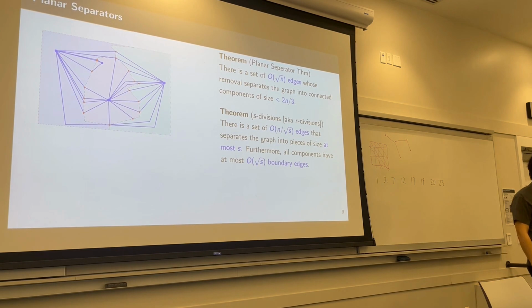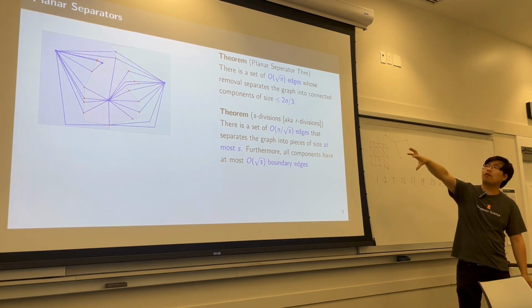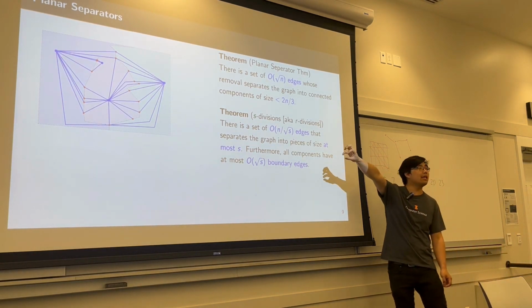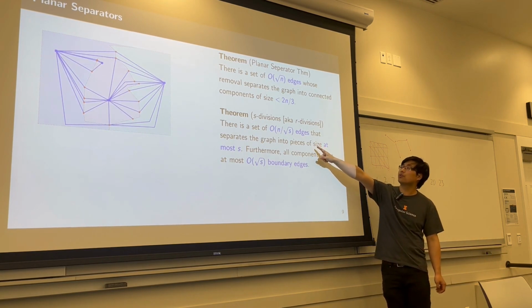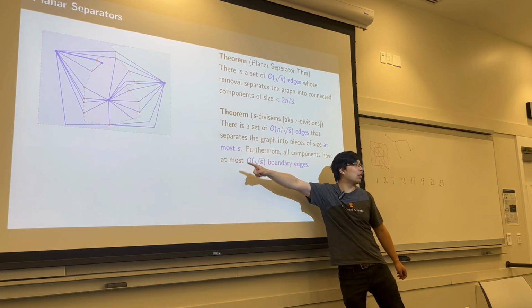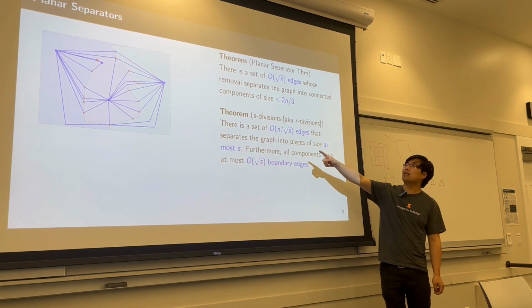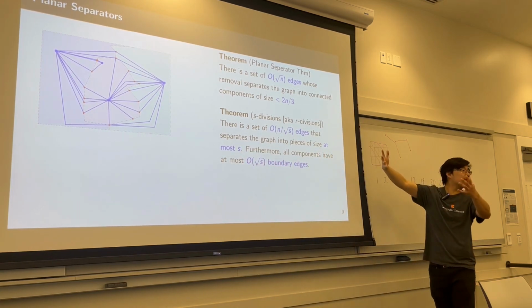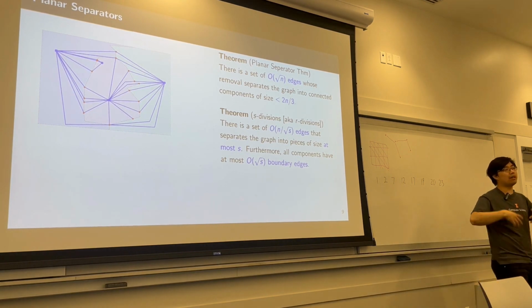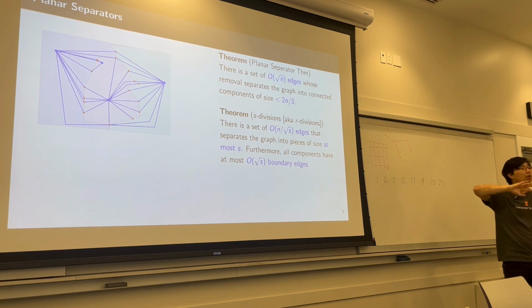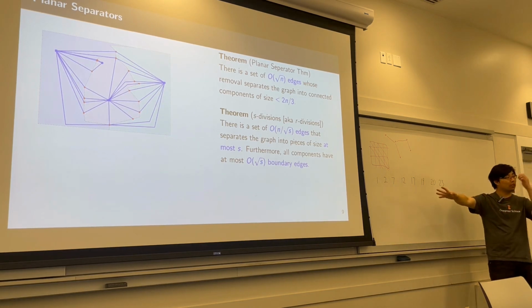So in this sense, if you were able to compute a planar separator, then you could just solve the problem on each smaller instance, right? Because we can make those instances as small as we want. And then as a result, we'll also get a smaller graph at the end. And maybe if it's small enough, we can throw everything on one machine and then solve it locally, right?